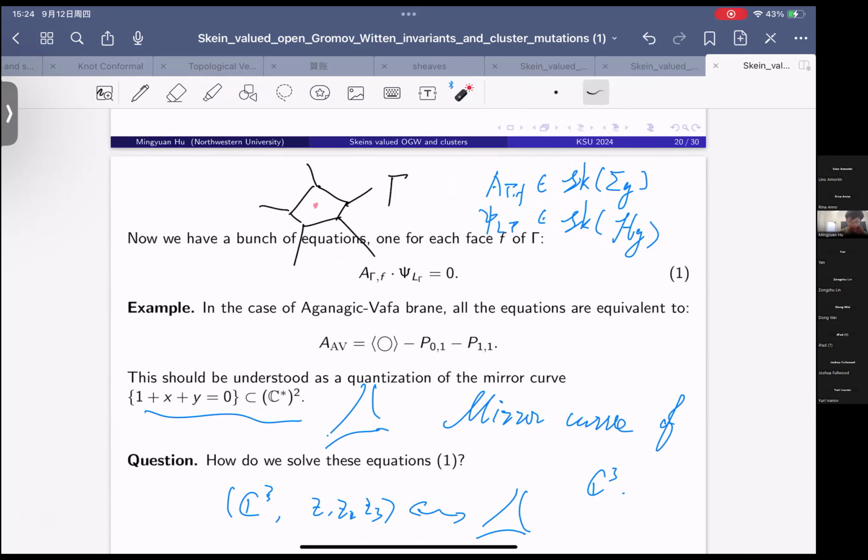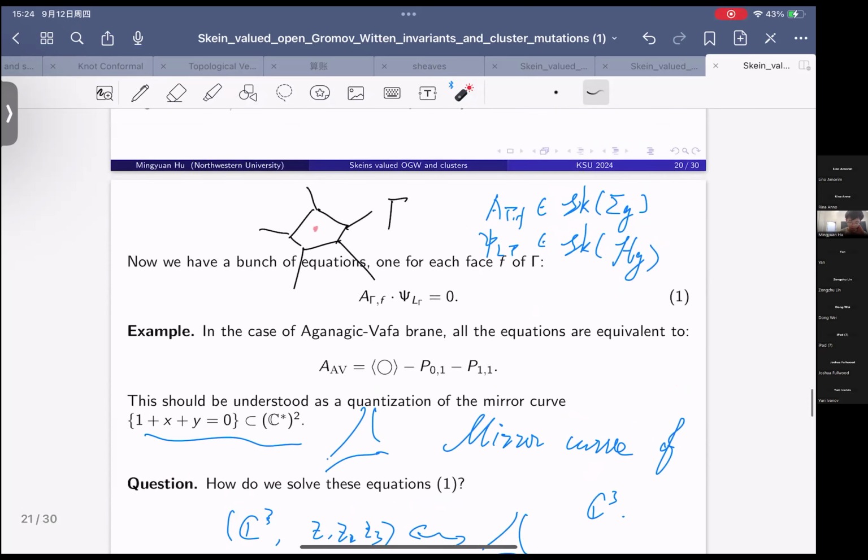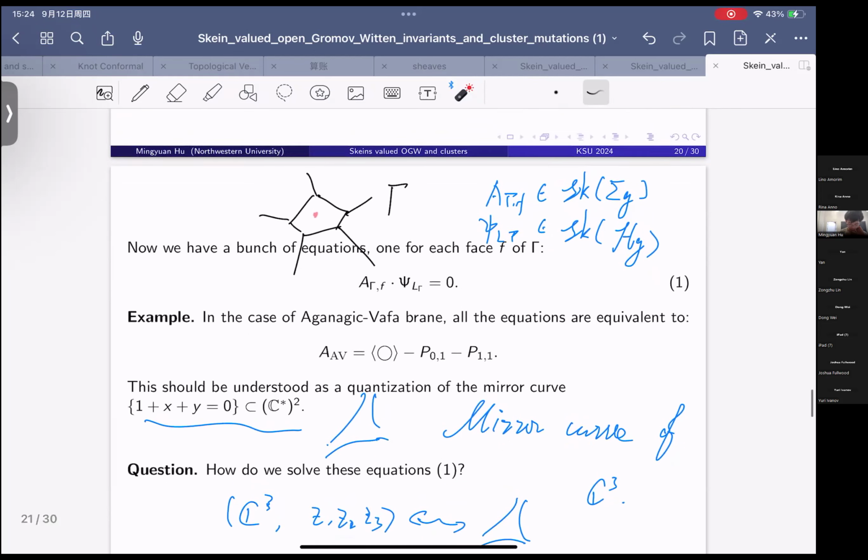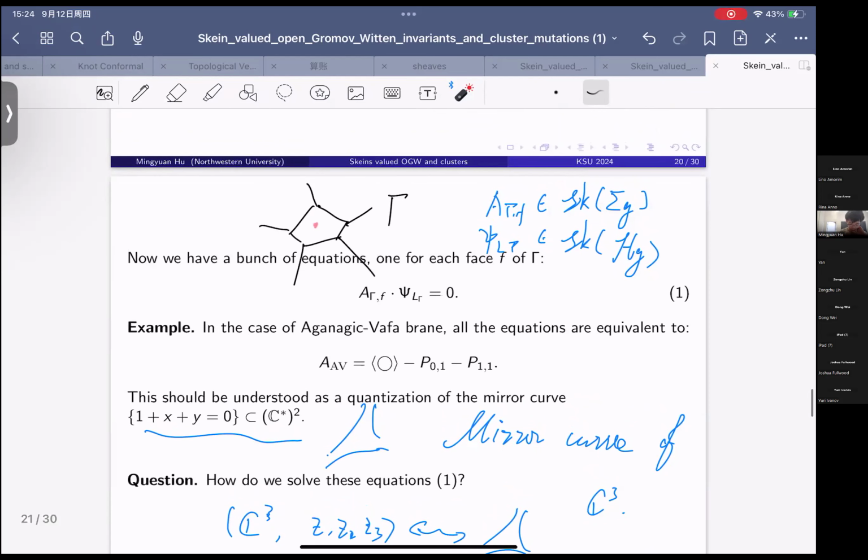Exactly. All right, this I understand, but the quantization of this mirror curve, which is a Q-difference operator, should kill, maybe I'm wrong, but it should kill the partition function. Yes, it kills the partition function because this operator will kill psi AV.